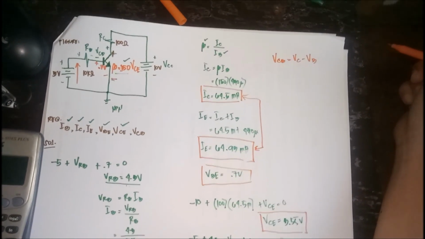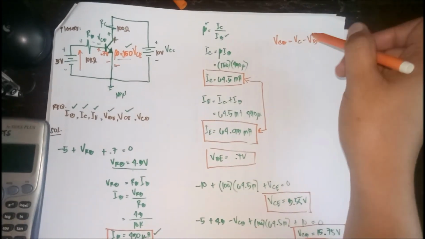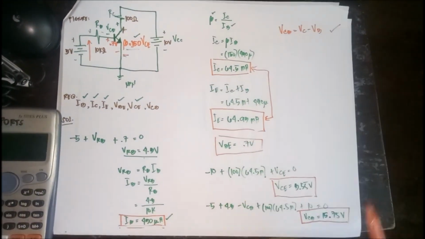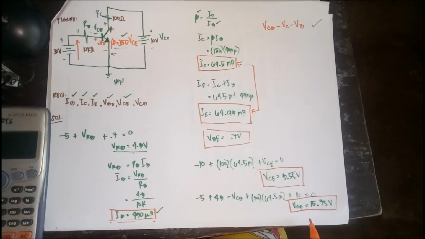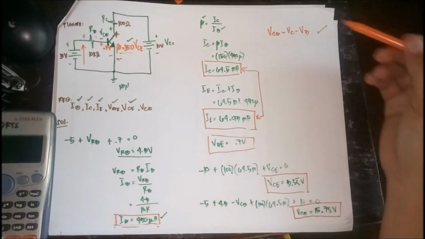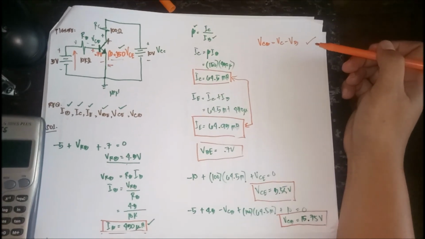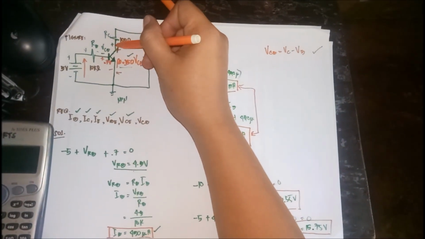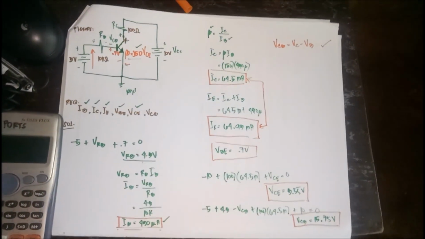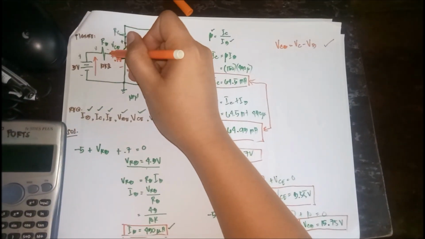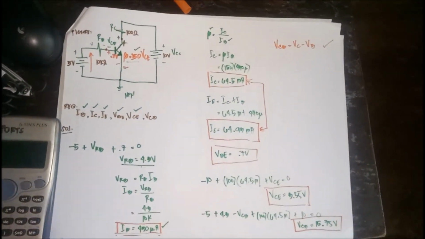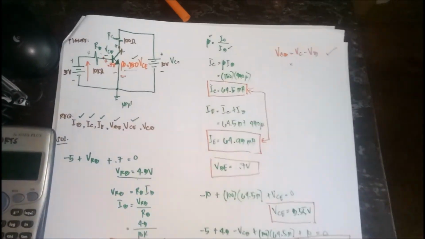VCB, that is just VC minus VB. Now, if we're gonna do this like this, we're gonna use this formula, we should derive into the same answer. But, we have to look first for our VC and VB. Where is that VC? Yung VC, that is from this. This is your collector to the ground. Okay? Yung VB is from the base to the ground. Okay, try lang natin. I-prove lang natin na tama siya.